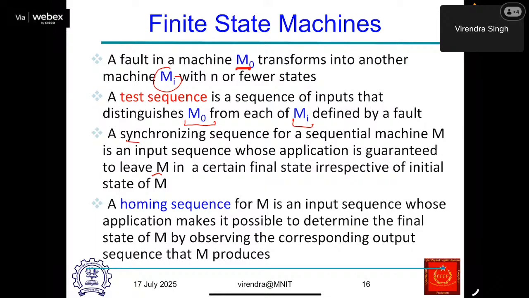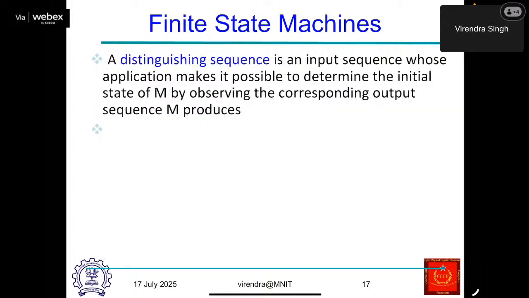We define a homing sequence for a machine M as an input sequence whose application makes it possible to determine the final state of M by observing the corresponding output sequence that M produces. By application of those sequences, we can observe whether the machine is in a given particular state or not. So I need to find a distinguishing sequence that can distinguish the faulty and fault-free machine.